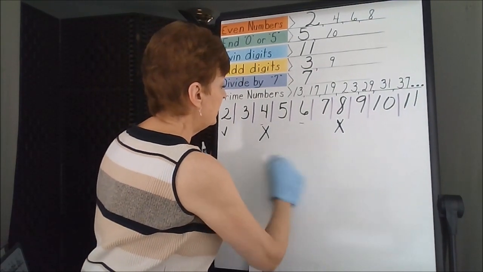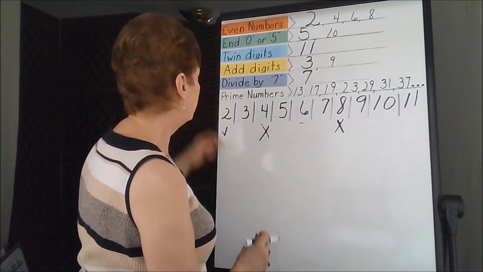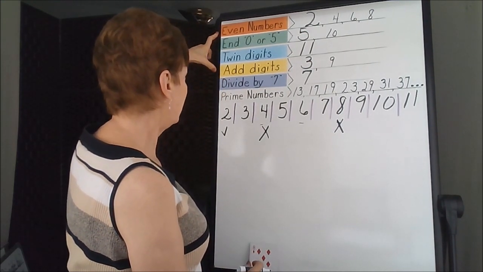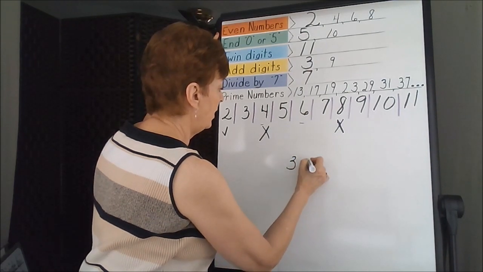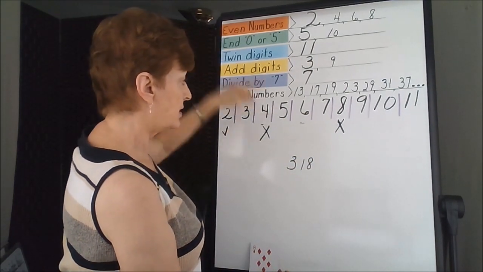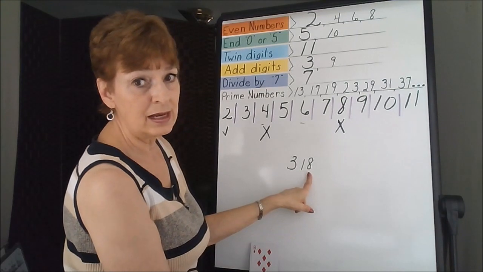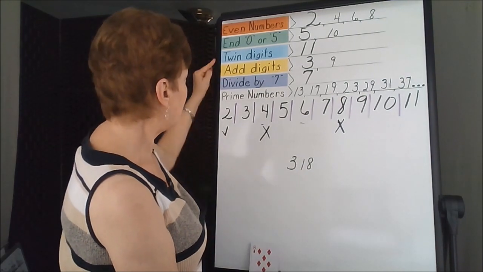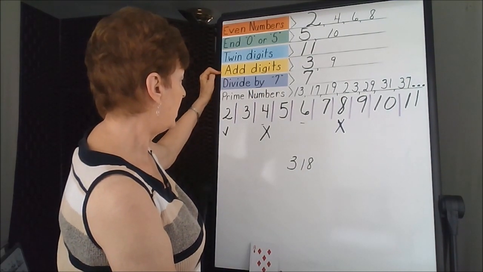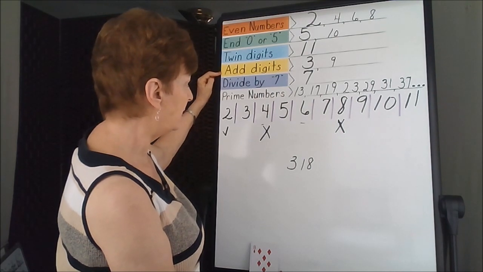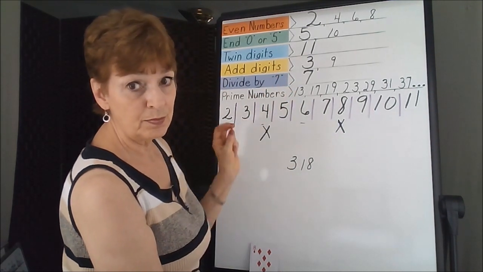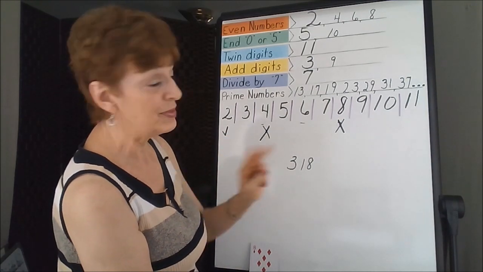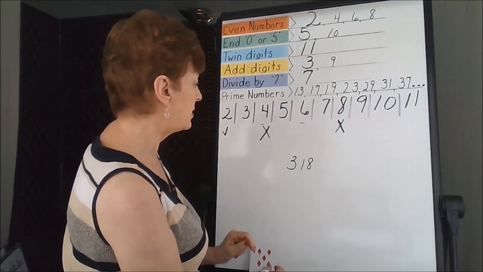The rule for 6's combines the rules for even numbers and the rules for 3's. So let me take it back here. We know that 6 might go into it because it's an even number. Then if we use the rule for 3's, adding the digits, we will see if 3 will also divide in this. If both of those are yeses, then 6 will work into this number.